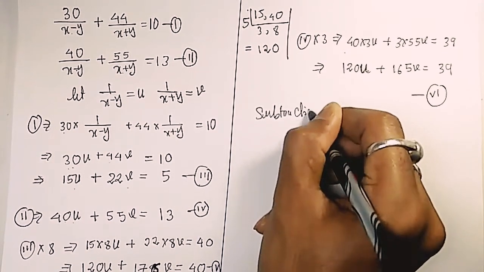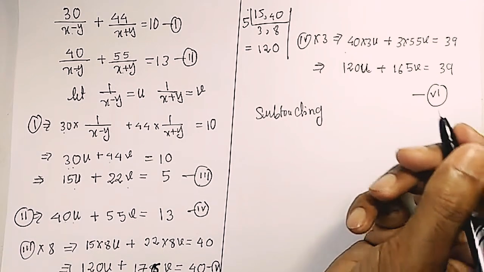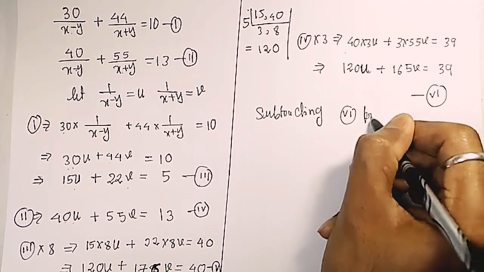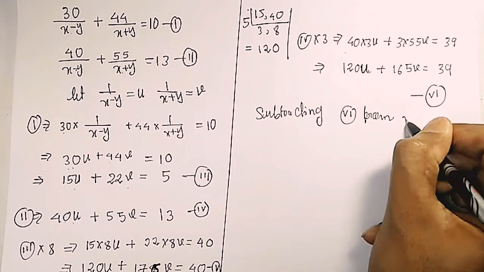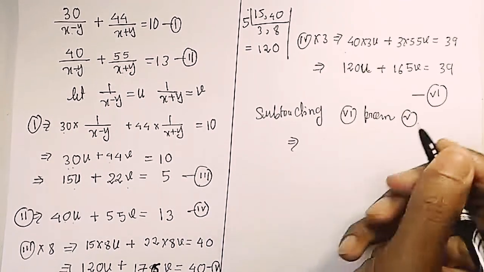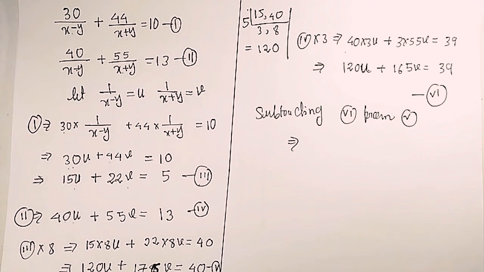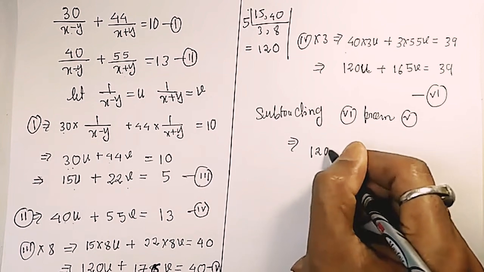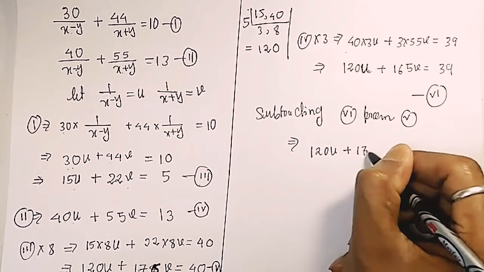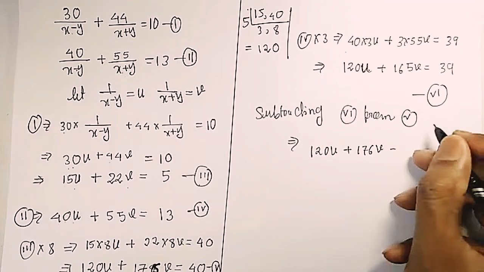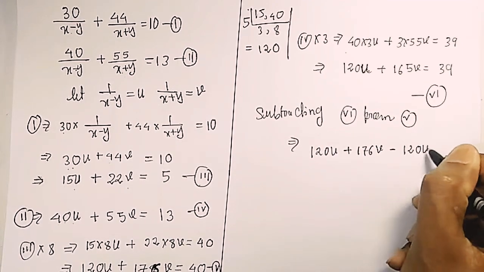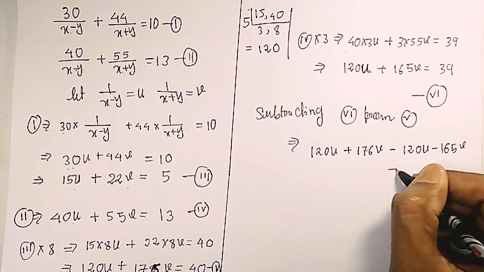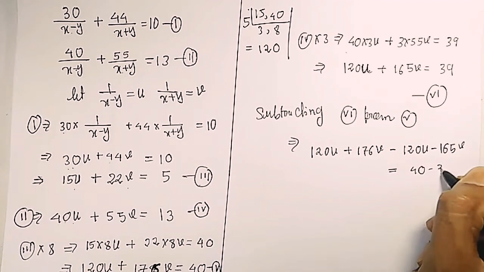Subtracting 6 from 5, the left hand side is subtracted from the left hand side: 120u plus 176v minus 120u minus 165v equals 40 minus 39.